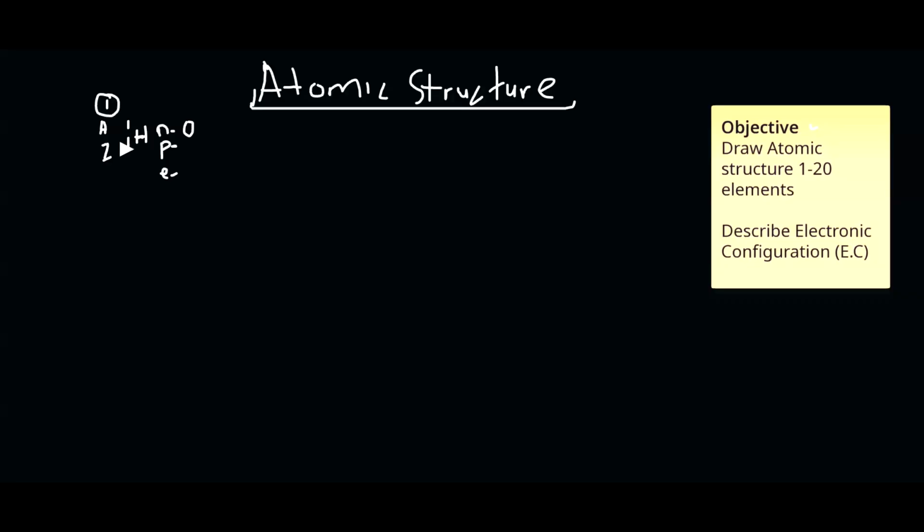Good. So if we know that, we can deduce the amount of protons. We know the atomic number is 1. If the atomic number is 1, how many protons will we have in the structure?